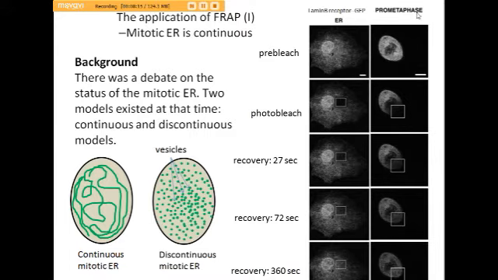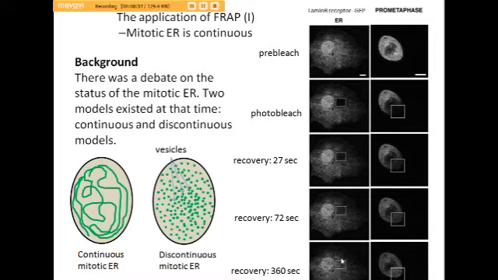During prometaphase, which is one stage of mitosis, this is the mitotic ER. If we photobleach this region, we can see this ROI region recovers with almost similar kinetics as interphase.